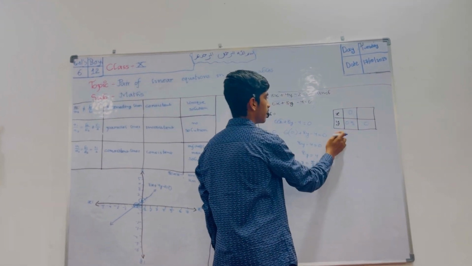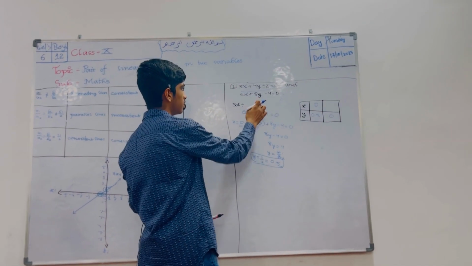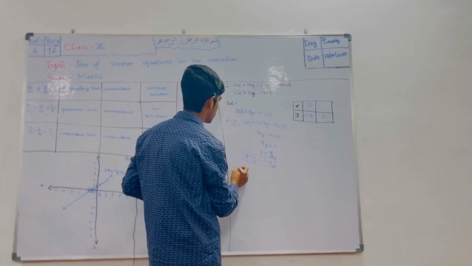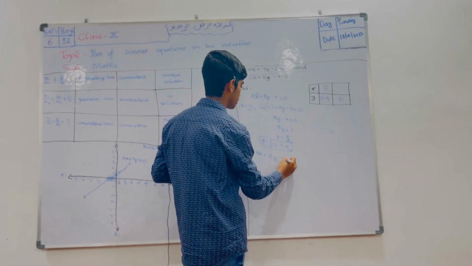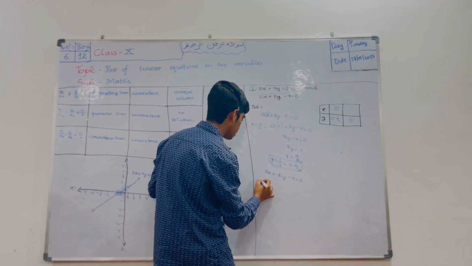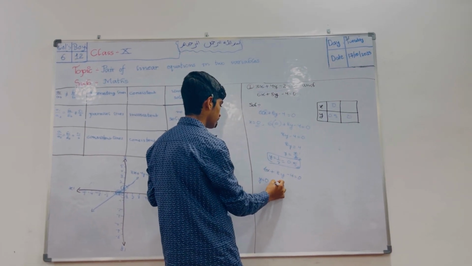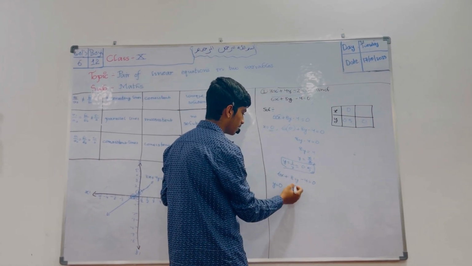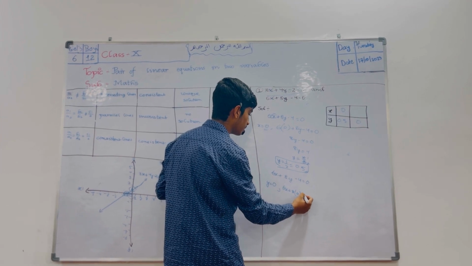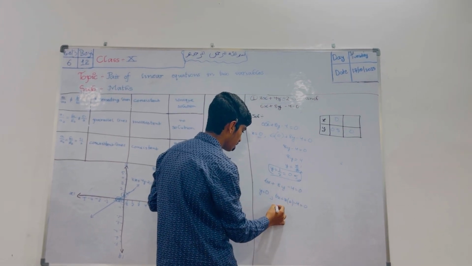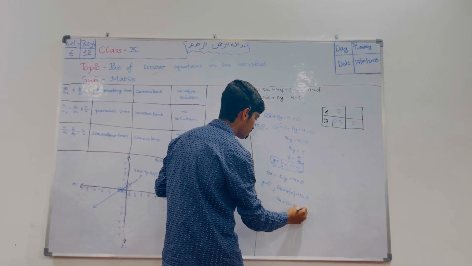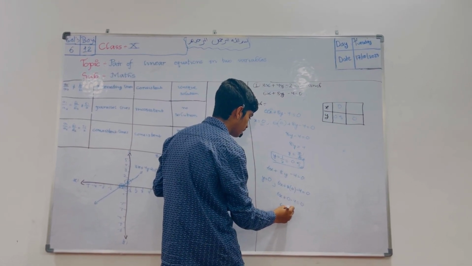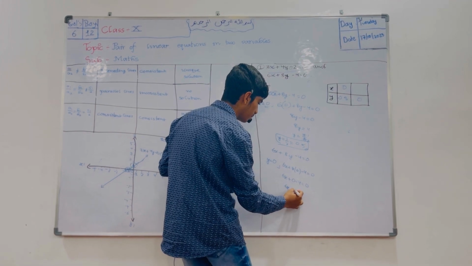Again here we have y value as 0. So substitute y value 0 in the second equation, 6x plus 8y minus 4 equals 0. Y equals 0. 6x plus 8 into 0 minus 4 equals 0. 8 into 0 means 0, minus 4 equals 0. This minus 4 will get transferred to the right hand side and become plus 4.